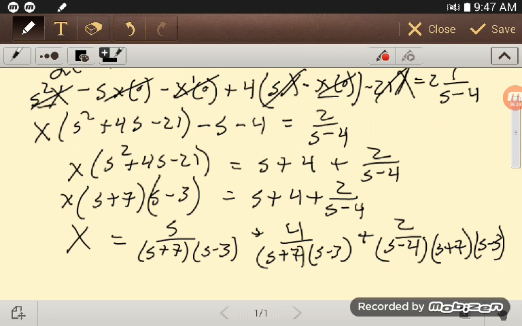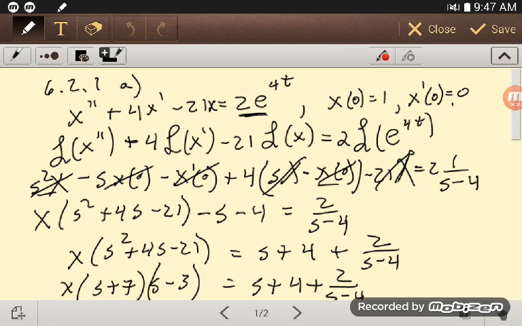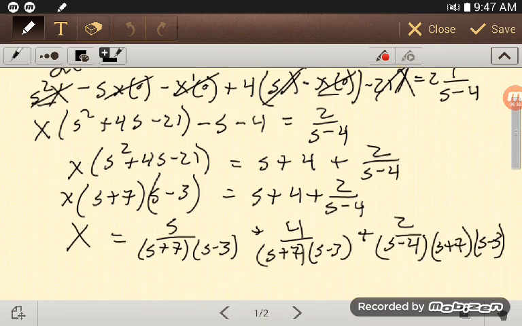So I have a bunch of partial fractions to do. Now what I'm going to try here is add another page, click that, so I can go back here and see these.